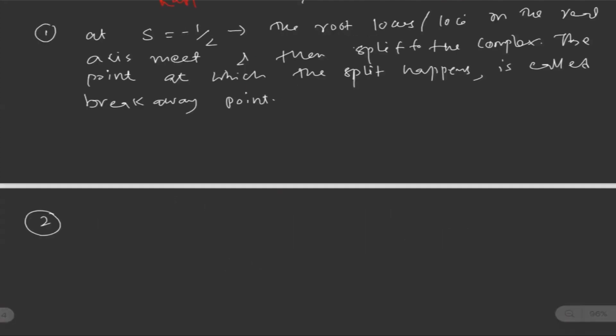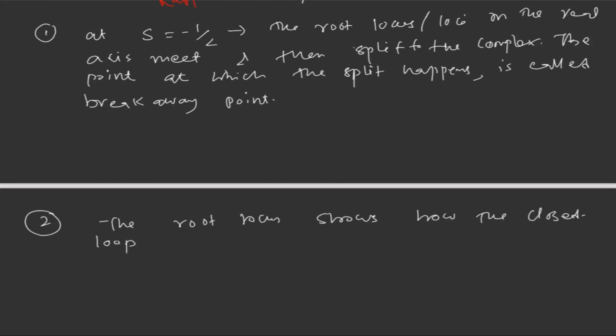It is also observed, second point, that the root locus shows how the closed loop poles change in the S plane with the change in parameter.